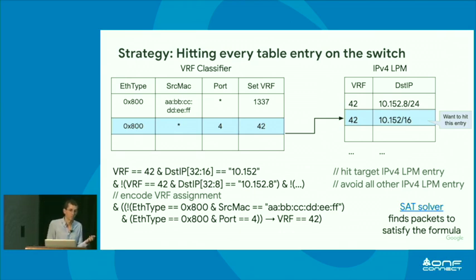I don't know how much you've worked with OpenFlow, but when you write an OpenFlow match action rule, it's very difficult to know where exactly that ends up in hardware. There are a lot of things you can write where it's not even clear whether the hardware can implement this at all. P4 is much more structured, and with that, you can catch a lot of bugs much earlier in the development lifecycle.